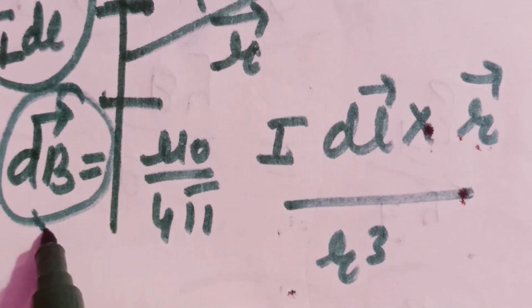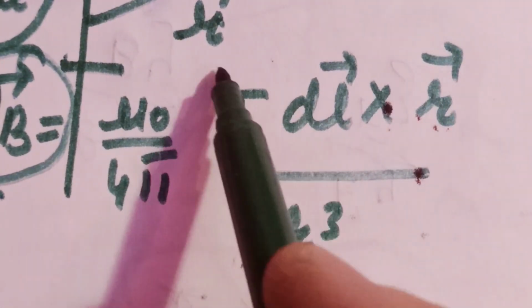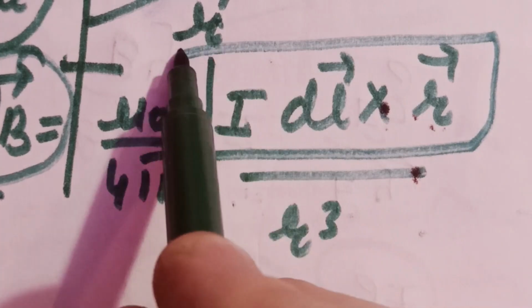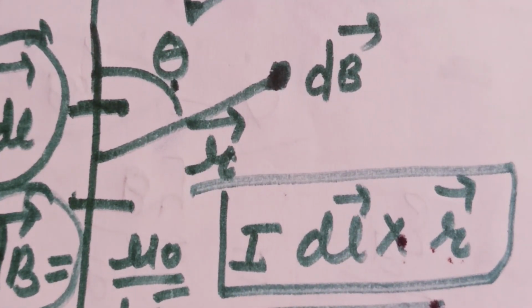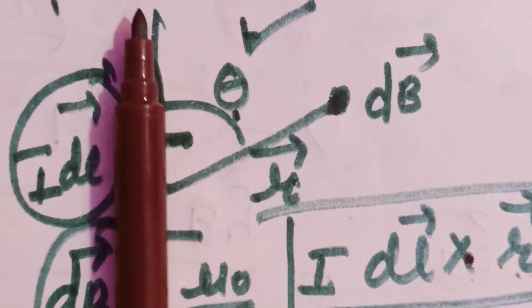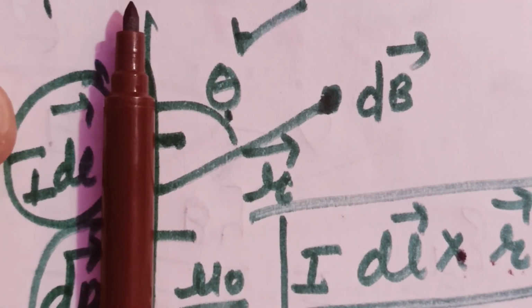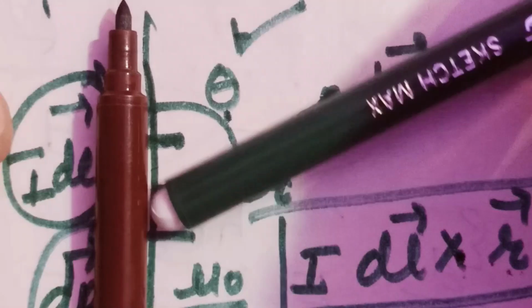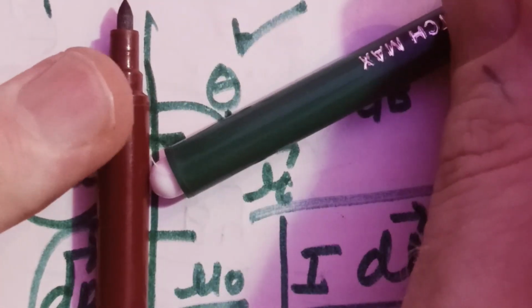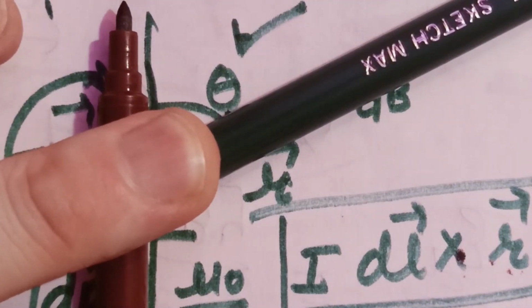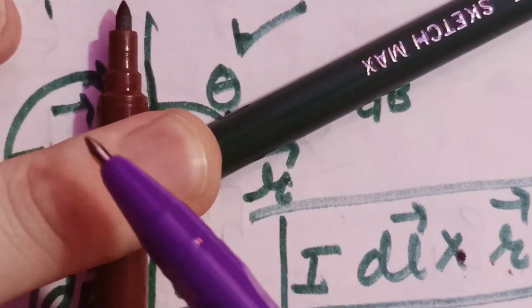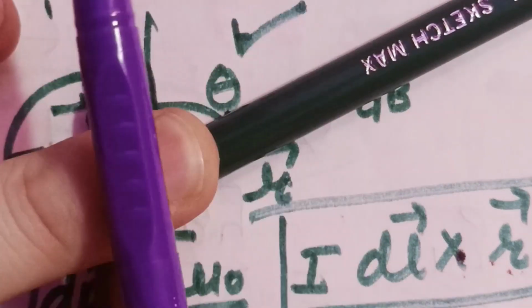What is the direction? It is perpendicular to this plane. And what is this plane? This is I dl, this is r vector, this is our plane. The field will be perpendicular to this plane.